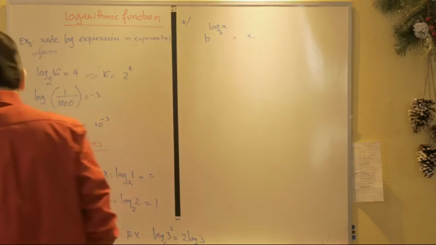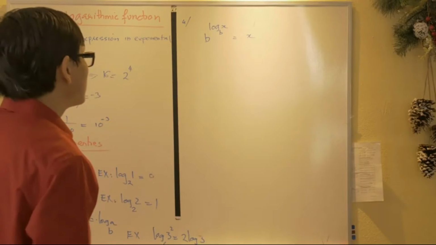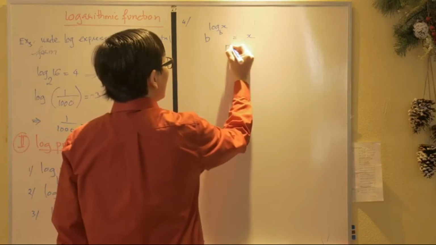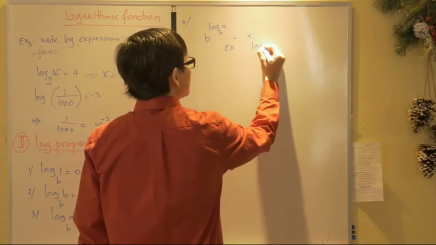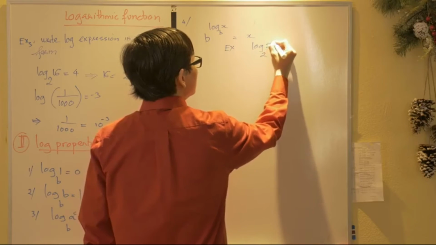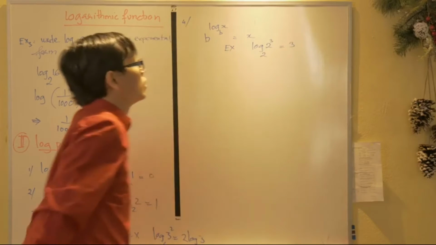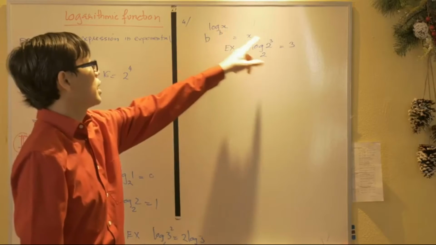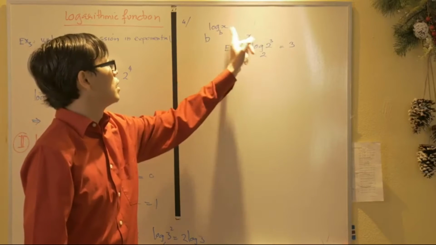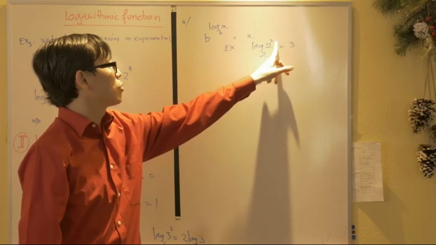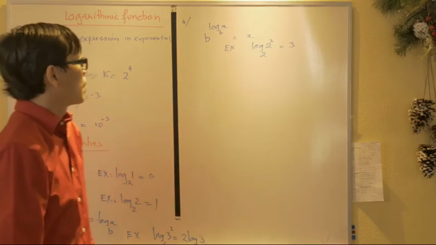Example: log base 2 of 2 to the third power is 3. Basically you bring the exponent down.